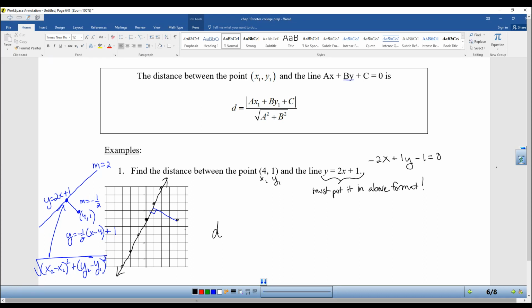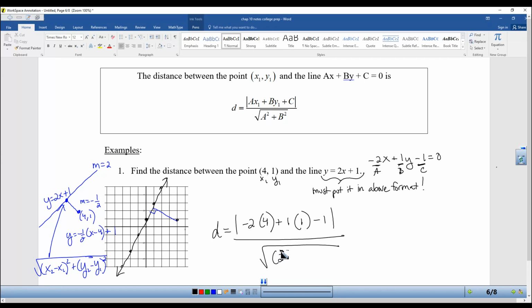So this formula looks awful, but if you compare it to the way we did it in Algebra 2, this formula is awesome. So this is going to be my A, this is going to be my B, and this is going to be my C. So A times x1 plus B times y1 plus C all over the square root of A squared.